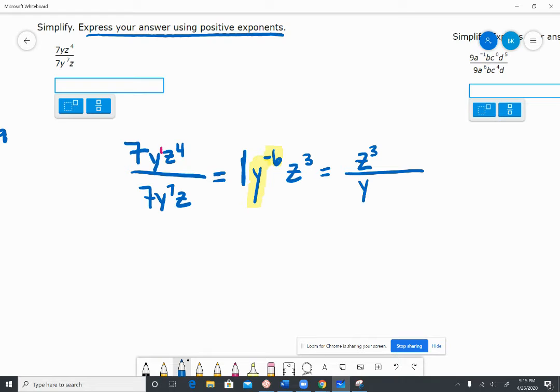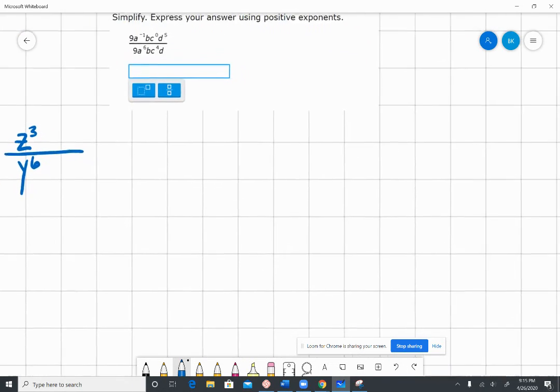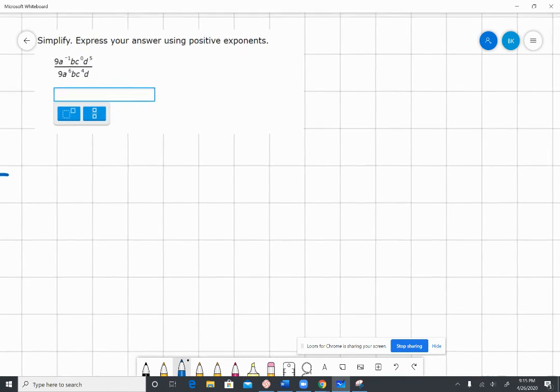Y we're sending downstairs so that it can turn into a positive 6. And again, you don't have to do anything with the 1; we already did 7 divided by 7. 1 in algebra or in math, we don't really have to write the 1 because it's just kind of implied that it's there. If there's nothing there, it's just a 1 always. So we don't have to write it. Okay, but if you do write it, it's not the wrong answer.